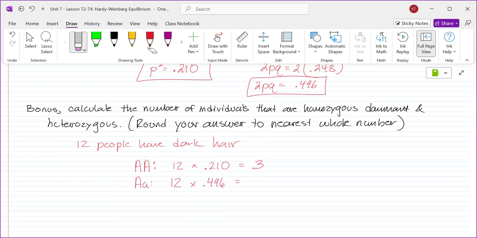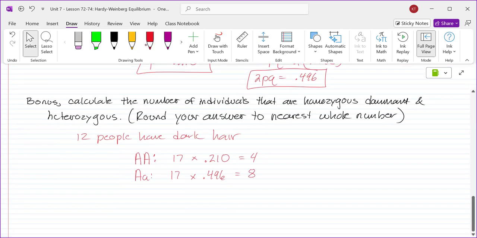Oh, I know what I messed up. Okay. Yep, I messed up. So it should have been 17, not 12. My fault. It should have been 17. That's on me. You have to multiply by the total population. Okay, so 17 times 0.210. This is better. That's going to be 4. 17 times 0.496. This is going to be about 8. What's 8 plus 4? There we go. That's 12.